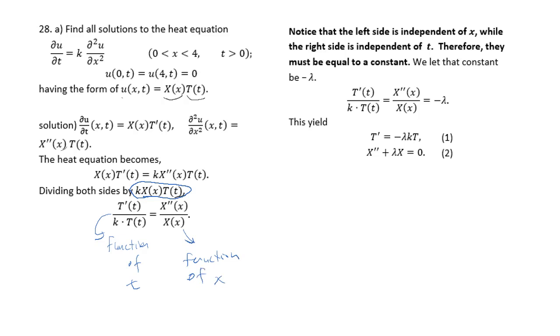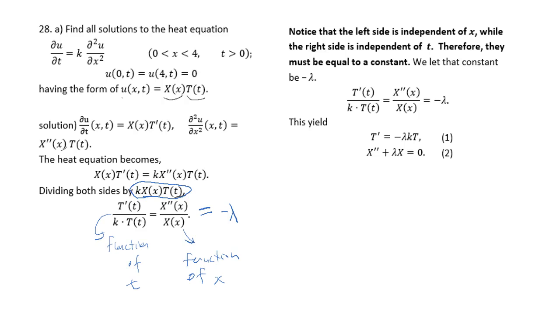And because you have a function of t equal to a function of x, the only time that could happen is when they're both equal to a constant. If the left side depended on t, but the right side has no dependence on t, then there's a contradiction, right? So we know that this doesn't depend on t, but what's a function of t that doesn't depend on t?